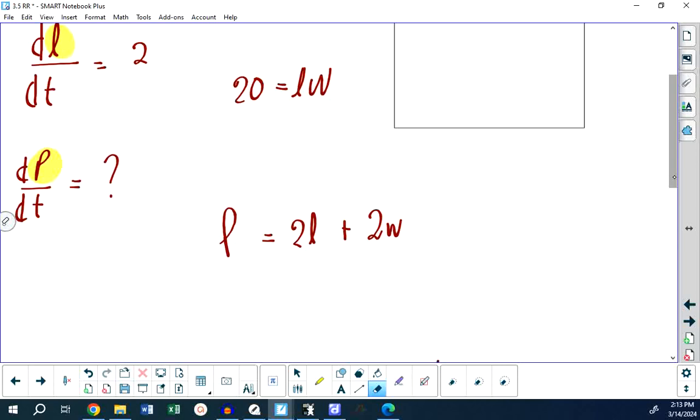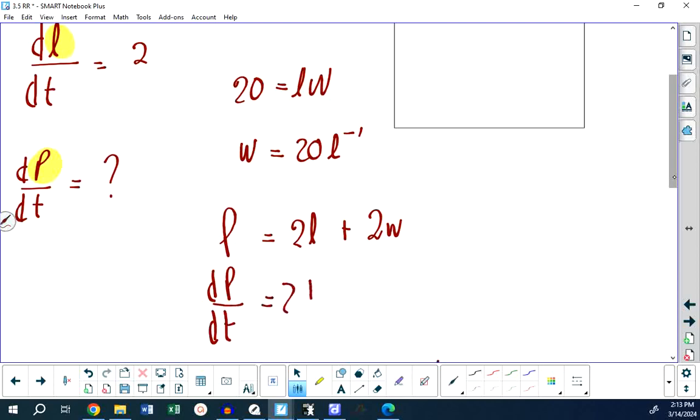And you know what? I'm gonna rearrange this for W. It was 20L to the negative 1, right? So here's what you can do, and I'm sure many of you would come up with this idea on your own. If you differentiate this formula with respect to t, you get dP/dt equals 2 dL/dt plus 2 dW/dt, and you're at an impasse because you don't know dW/dt.